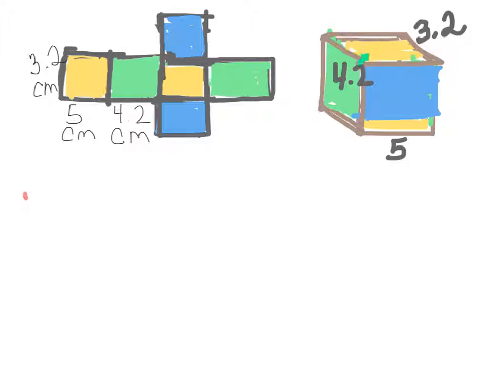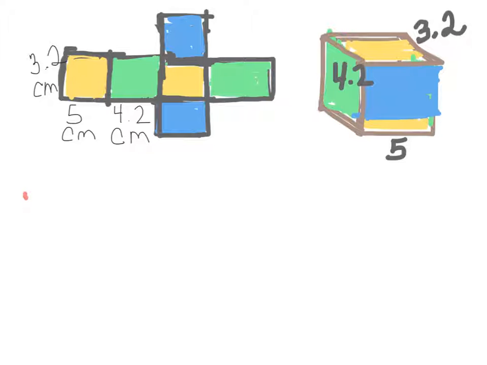These 2 blue sides could be the front and the back of our rectangular prism. Again, the 2 blue sides are congruent. Finally, we have 2 green sides. Those green sides are congruent, and I'm going to call those my ends. I'm going to have one end here and then another end over here, which we can't see.